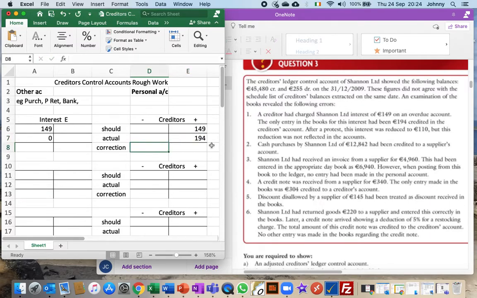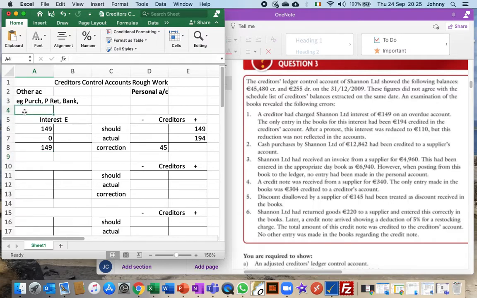Well, that was too much. So to fix this, I need to reduce it from 194 down to whatever it is, so I go to the opposite side to reduce it. The difference is 194 take away the 149, so 45 needs to be taken away, so that's on the debit side. And in the interest account, nothing was done, so I need to do the thing that should have happened in the first place.